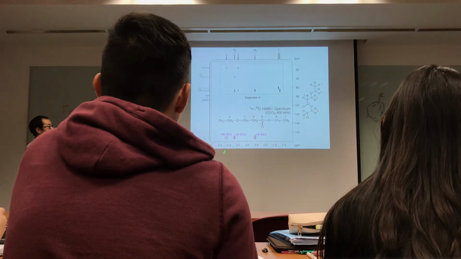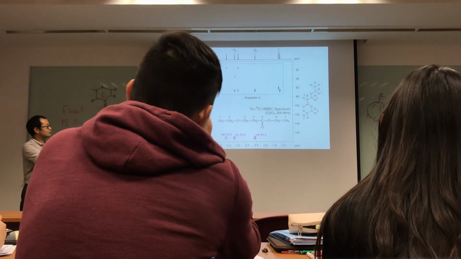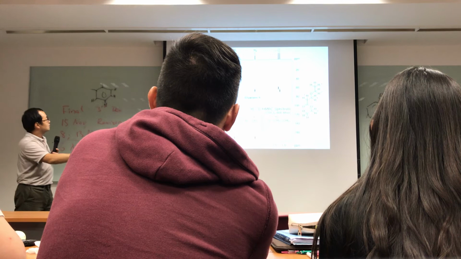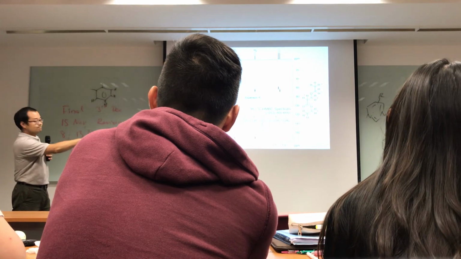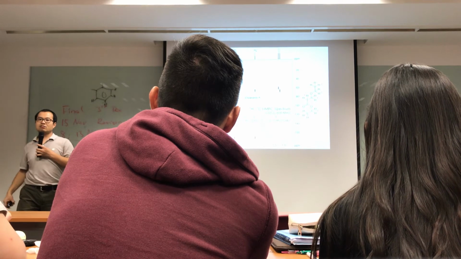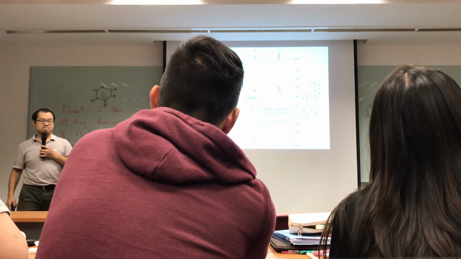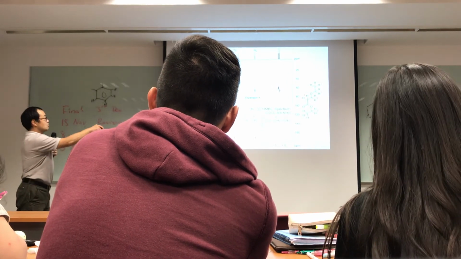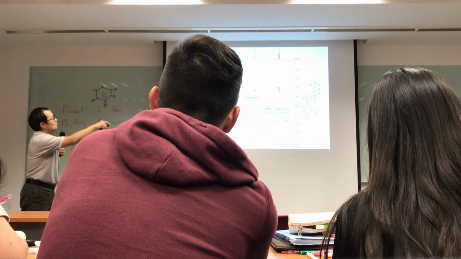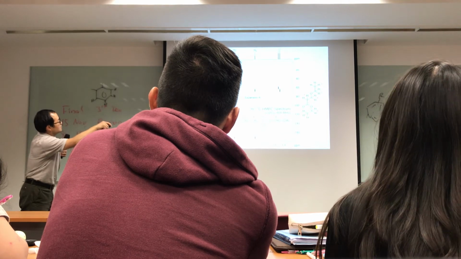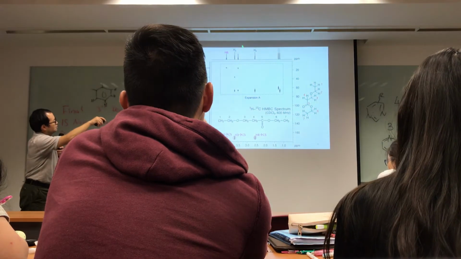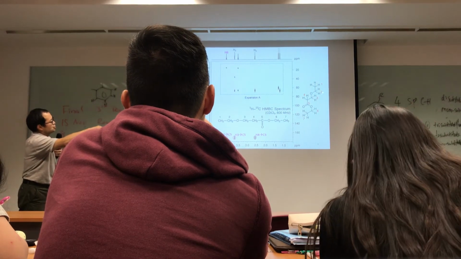6 sees carbon 5. Then you draw one horizontal line, vertical line. You see this one will be 6, because 5 and 6 will give a cross peak in HMBC. Once you have this is 6, another methylene group here will be 2, right?